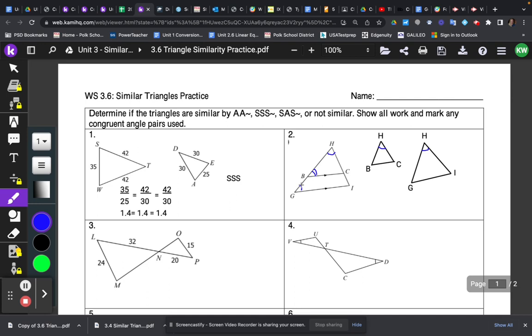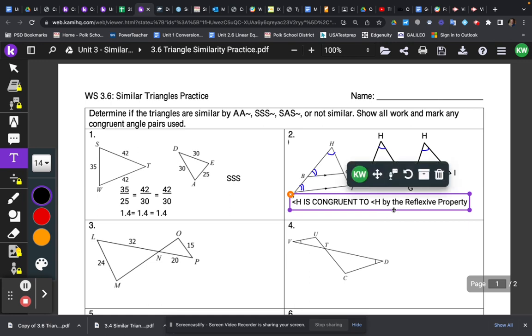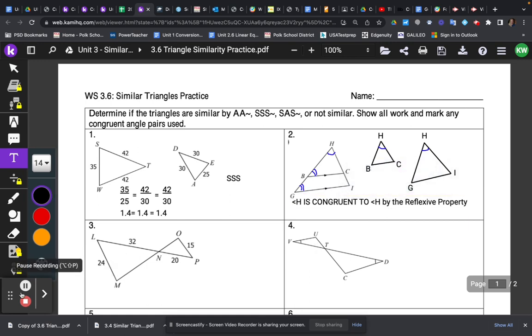Do you remember the parallel lines cut by a transversal? Imagine that H to G is that transversal, and BC could continue this way, and GI could continue this way as well. And what do we name those? That's right, corresponding angles. So our first set of angles, angle H, is congruent to angle H by the reflexive property.